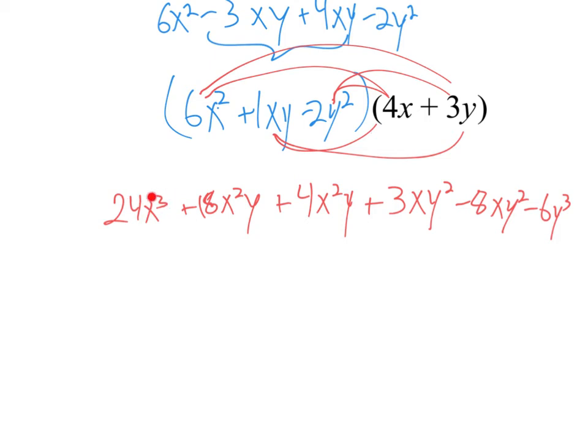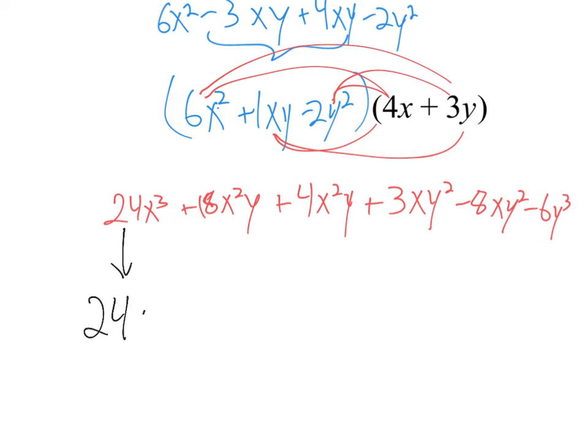Standard form typically means we're going to start with the highest variable on x, and we'll kind of work that down. So the first term should be x cubed, second term should be x squared y, next term would be xy squared, and then last term y to the third. So the x exponents are going down, y exponents are going up. So let's look for some like terms.